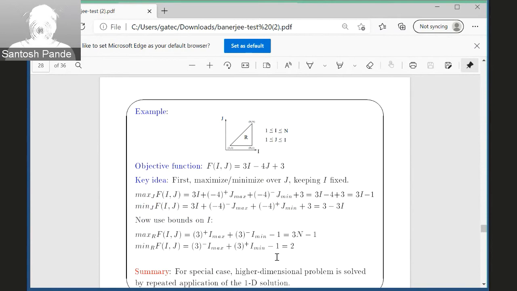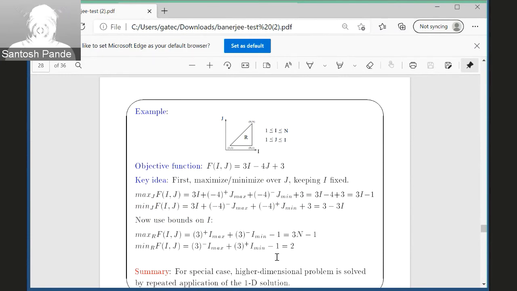And then the minimum value here will again be substituted as the min value of i, which will be 3 minus the value of i, which is equal to 1, and that will give us 2.